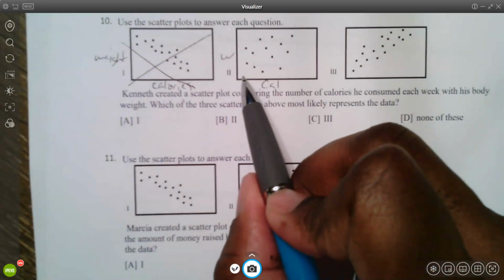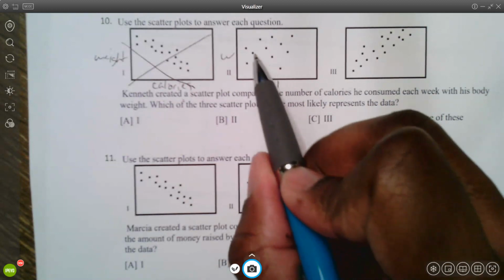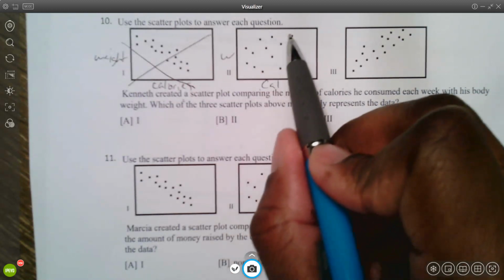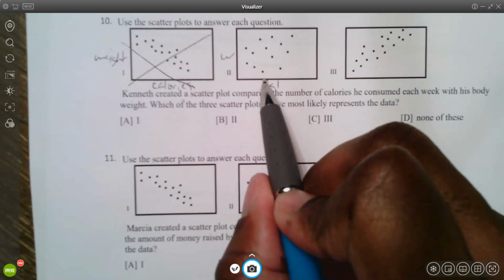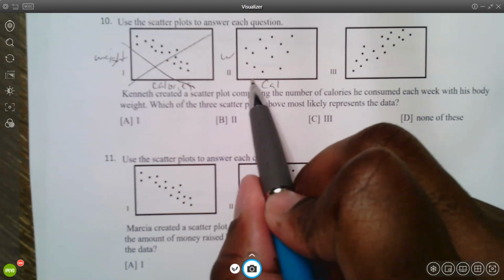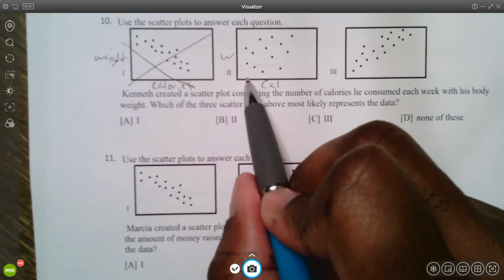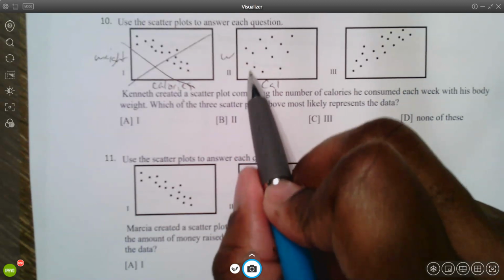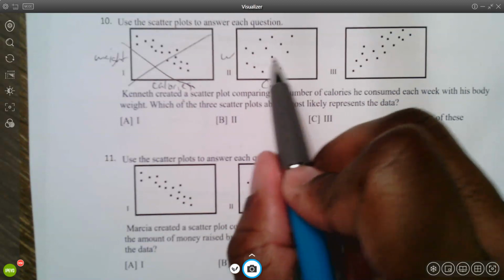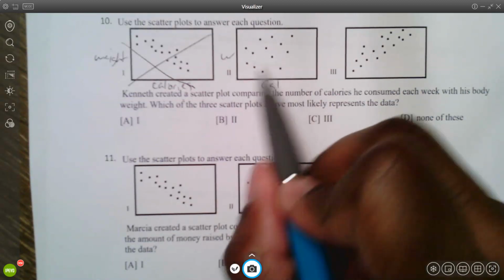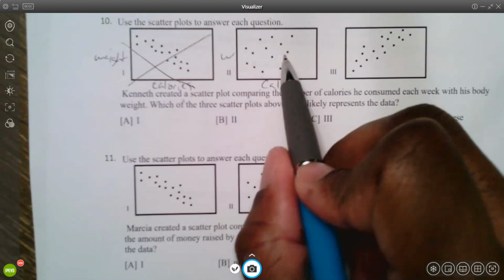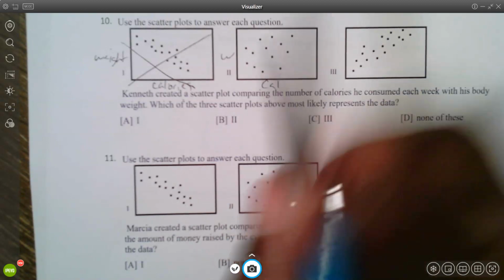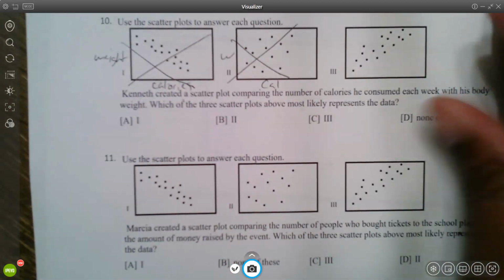This shows that as I eat more calories, my weight has increased, but it's a pretty weak correlation. Like here's somebody eating few calories but gaining weight, and here's somebody also eating few calories but losing weight. And even though it is a positive correlation, it's very weak. I would expect it to have a stronger correlation than that. So that's not the best answer.